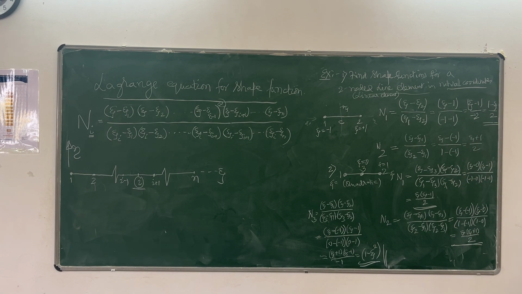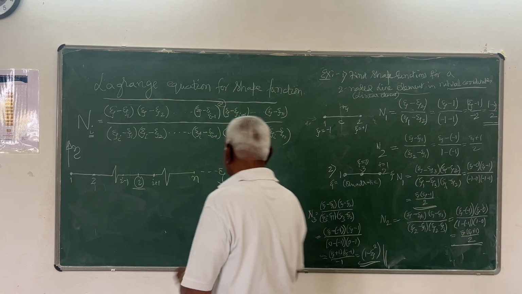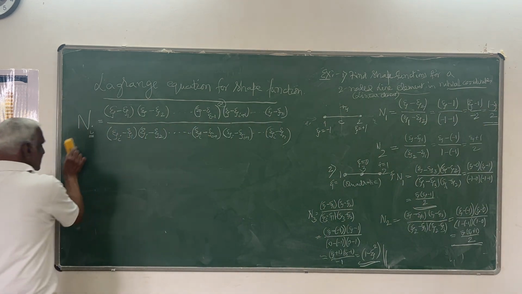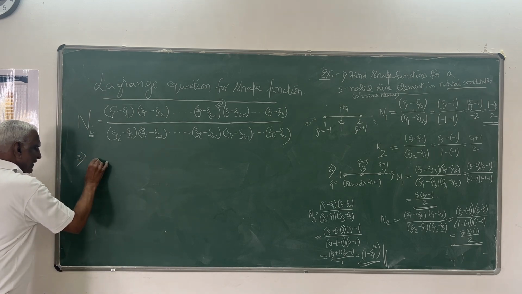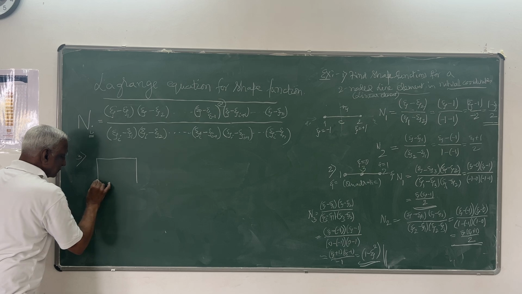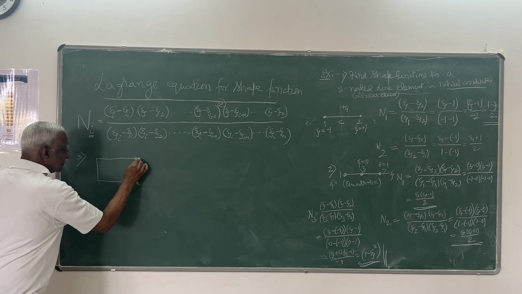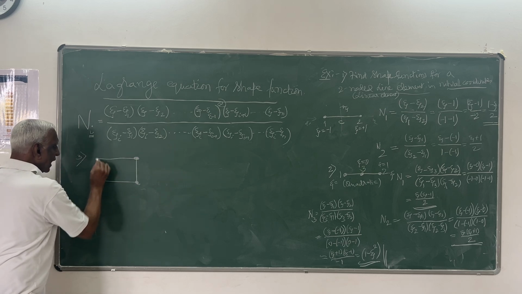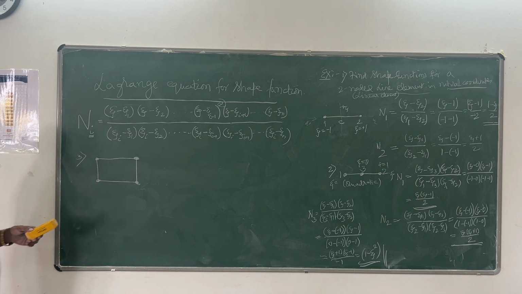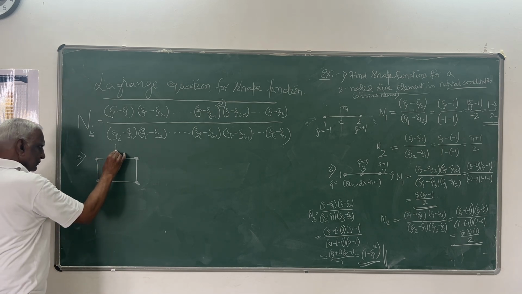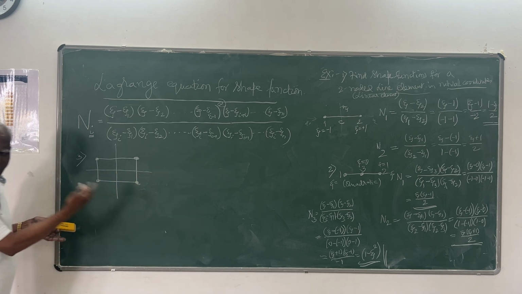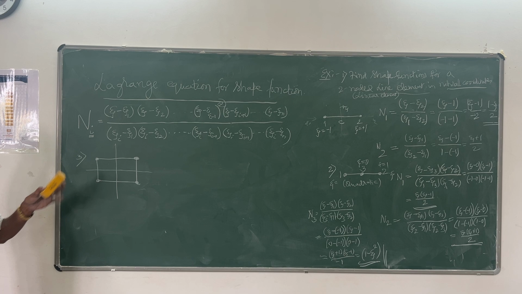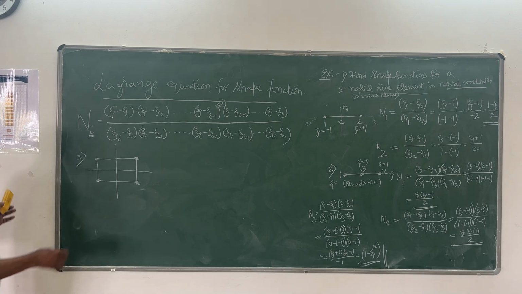Like that, you can try for 3 node. I will take 3 nodes afterwards. Now I will take one problem on rectangle so that it is easier to use. Either rectangle or square, whatever it is. Always I will take natural, but Cartesian also can be applicable. Similarly, it can be applicable, I told you.